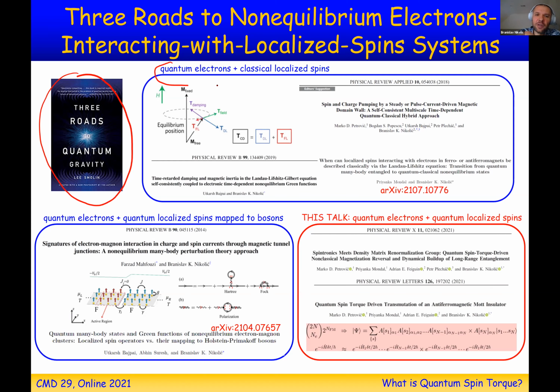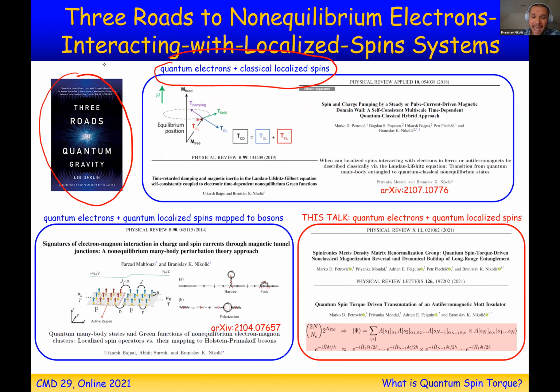In some talks, we have used this formalism, which is single particle quantum transport, where time-dependent non-equilibrium Green functions help us see how electrons interact with classical localized magnetic moments. And this is what I was using in those movies I showed you.